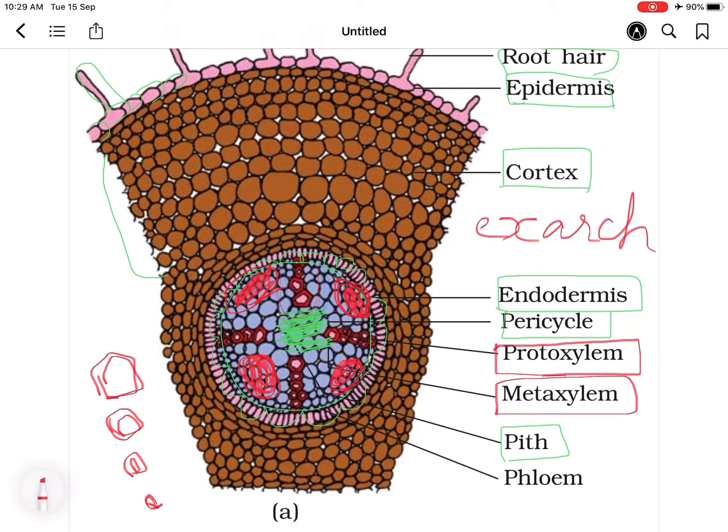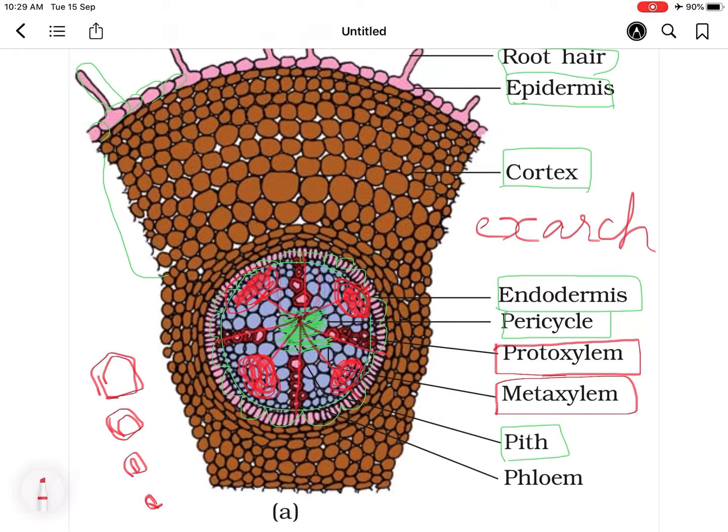You can see at this radius only phloem is present, at this radius only xylem is present, again phloem, xylem, phloem, xylem, phloem and xylem. So at one radius, one type of vascular bundle is located. In this way we can see how the different tissues are arranged in a particular pattern.